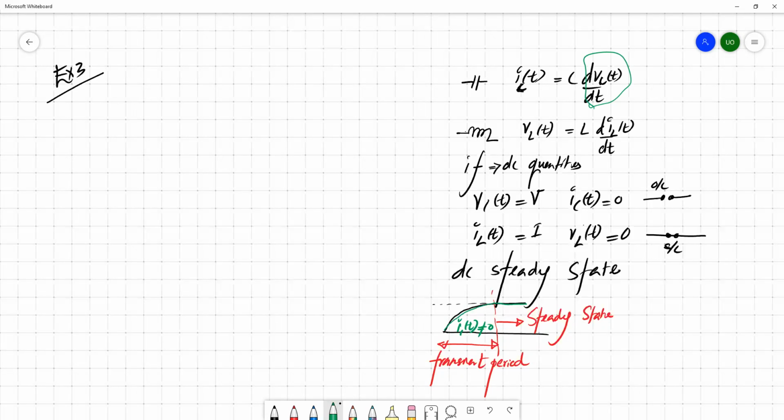Once it comes to a steady state, the voltage across the capacitor is fixed and constant, so the derivative becomes zero, and during the steady state the current through the capacitor is zero. So we can argue that once your capacitor moves to the steady state, there won't be any current flow through the capacitor, and the capacitor can be replaced with an open circuit element.